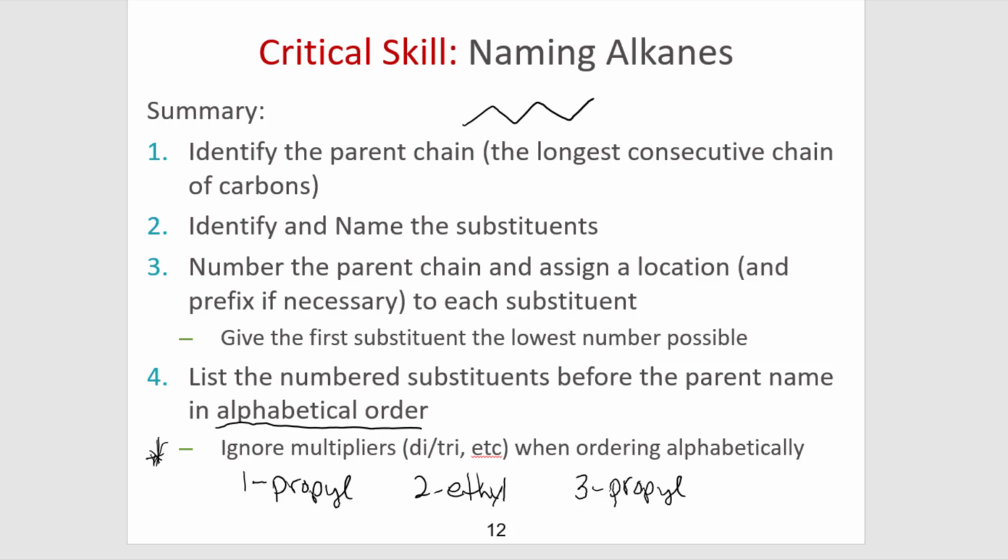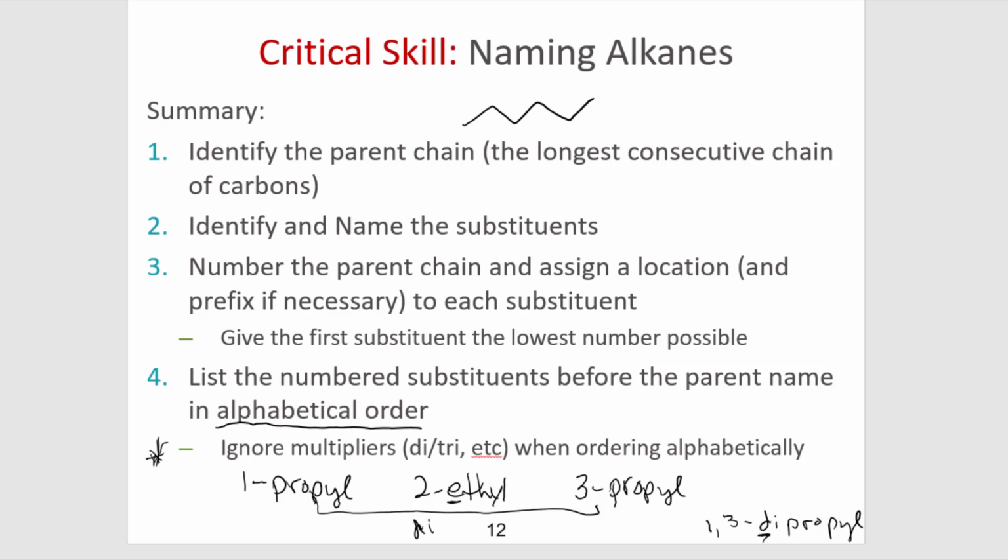Let's say those were the substituents off of some crazy parent chain. You would say, oh, the propyls go together, those are redundant, so we're going to give it a di. So it's going to be 1,3-dipropyl. And then you put it in alphabetical order, and D comes before E.